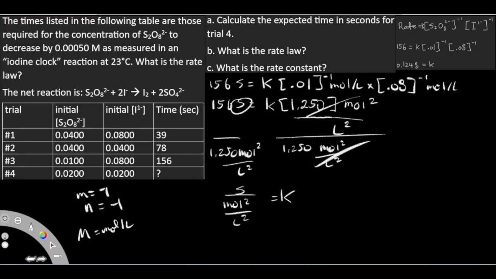So now we can just change this up so this looks a little bit more neat. So rather than having seconds divided over here, I'm just going to put it divided left to right, so then our moles squared goes on the right side. Okay, now I could change this into a multiplication so that this flips around, but remember in the previous example we had our seconds over here to be s to the -1.